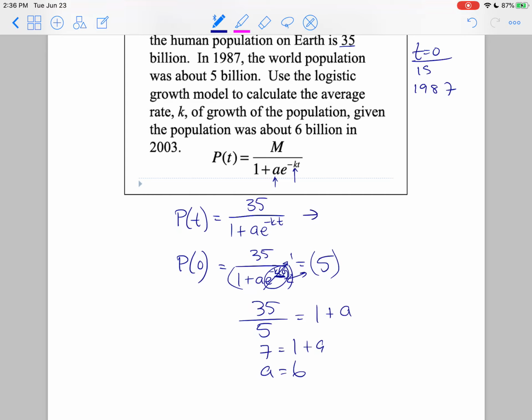So now that we know that A equals 6, we have that P of t is 35 over 1 plus 6 e to the negative kt. So now we need another piece of information in order to find this k value, which is actually what we're looking for.